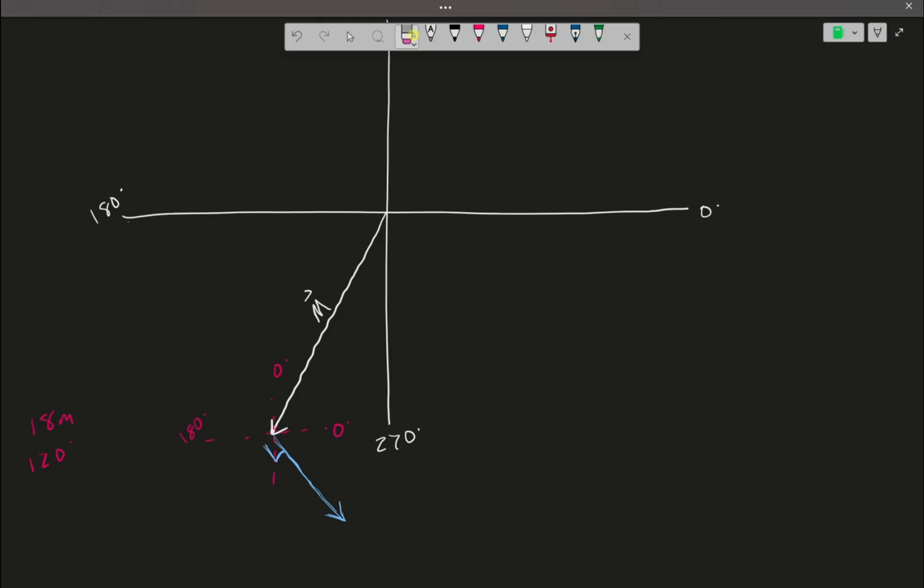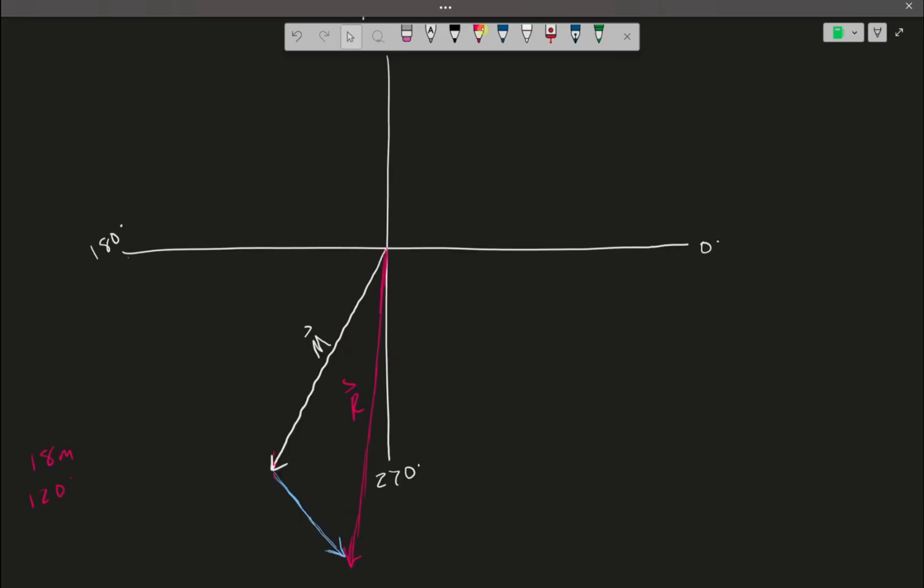So all of this can go away. Oh no, not that. I still want that. Okay, so now I can draw my resultant vector. My resultant vector is going to go from the tail of M to the tip of B, and this is my resultant vector.